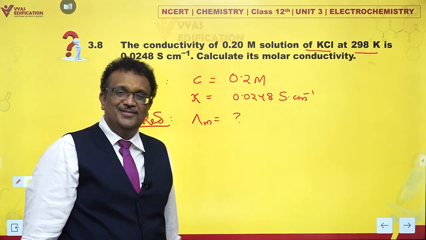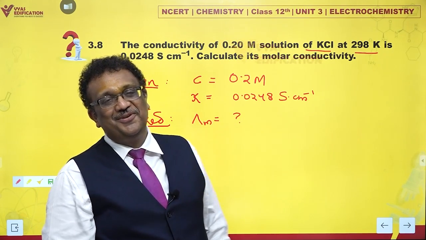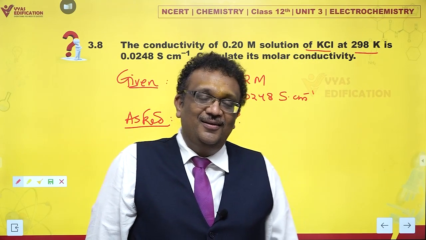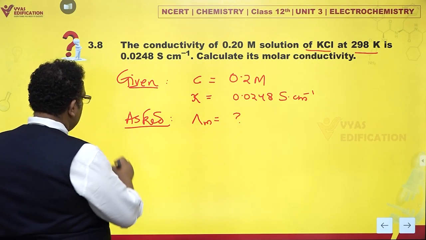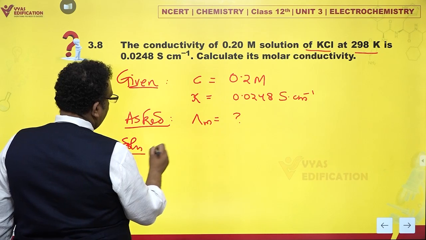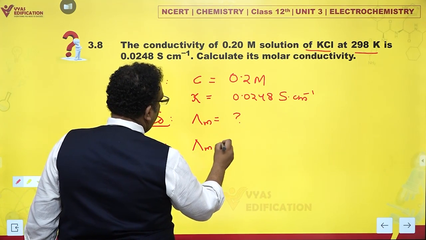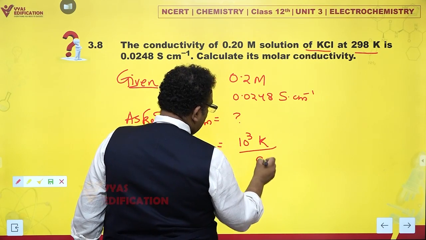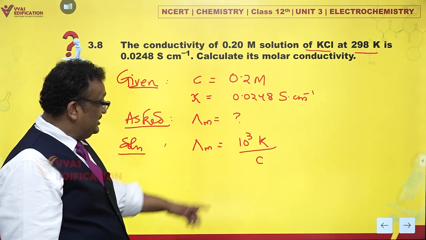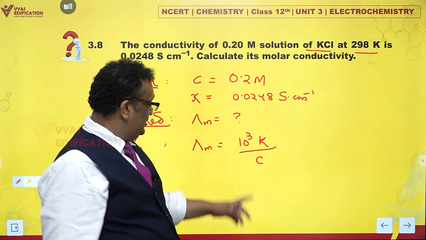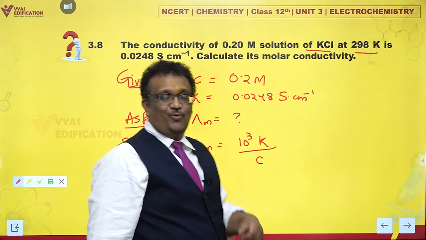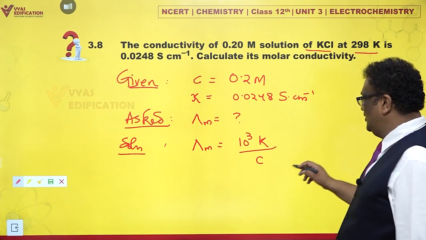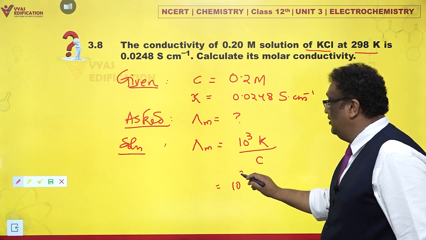How do you solve this? It's direct formula substitution. And how's that? That's simple. Solution. Lambda m is 10 raised to 3 kappa by c. In CGS units, this is the case. So we just substitute. 10 raised to 3, what is kappa?